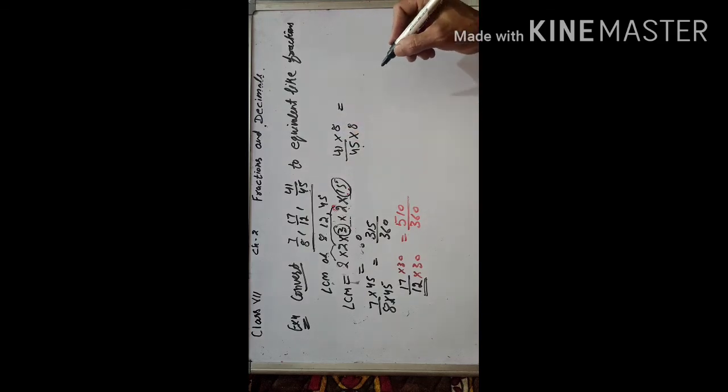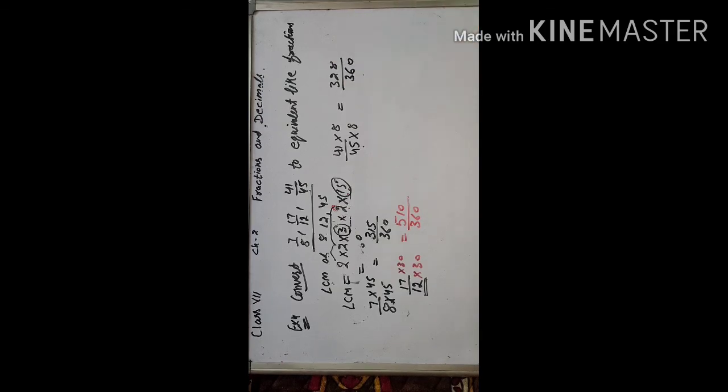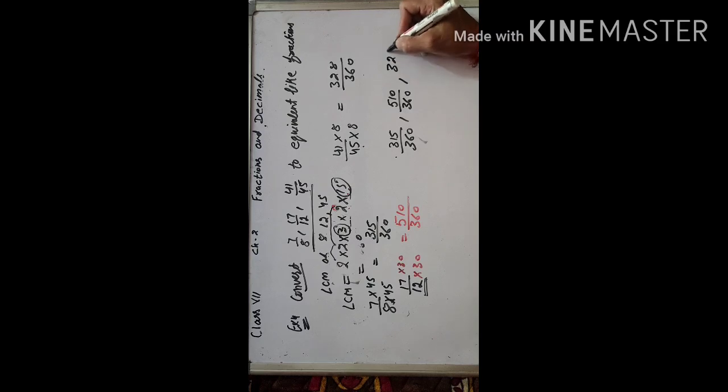Now it becomes 328 upon 360. So all these fractions are equivalent. Now the equivalent fractions are: first is 315 upon 360, then 510 upon 360, then 328 upon 360.